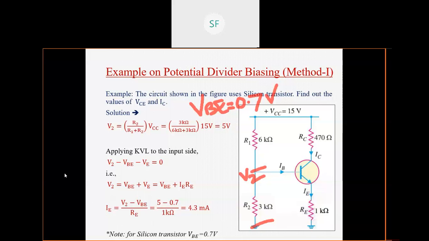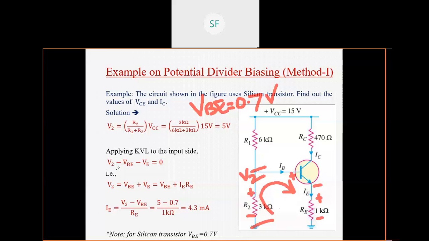What to do? Nothing, you have to apply KVL again to the input side. Apply KVL in this loop, assign the polarity, plus minus, and this is also plus minus. Then you have to collect the terms and remember the last sign.